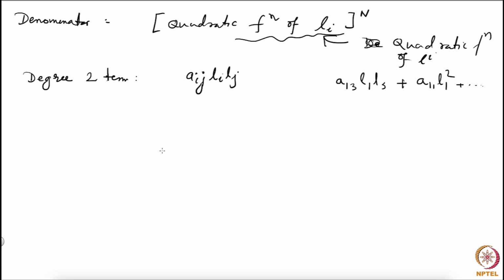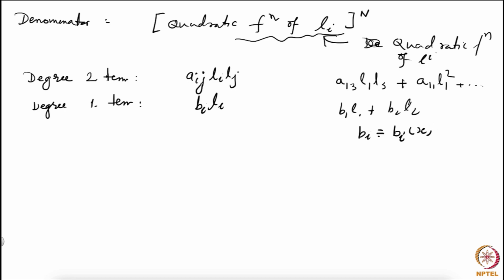Then let's look at the degree 1 term. It will have the form Li times some constants Bi. So this is B1 L1 plus B2 L2 and so forth. And these Bi's are functions of all the external momenta and all the Feynman parameters.